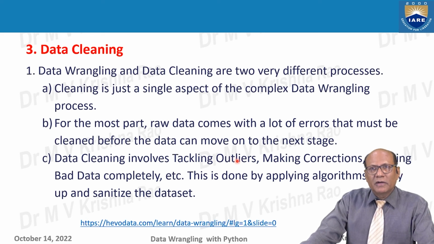Then if somebody writes 1200 instead of 120, so an extra 0 has been entered. It is an outlier, because you don't find any person with an age of 1200. An age of 1200 doesn't exist. That's why it is an outlier.